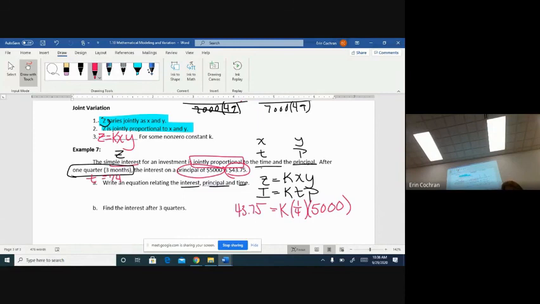So now, can we go ahead and solve this? Yeah, can you figure out what 1/4 of 5,000 is? And then how would I move that to the other side? When I divide it? Yeah. So what do you get for your K? So my K represents our interest rate, so you guys know, okay? So K is my interest rate.